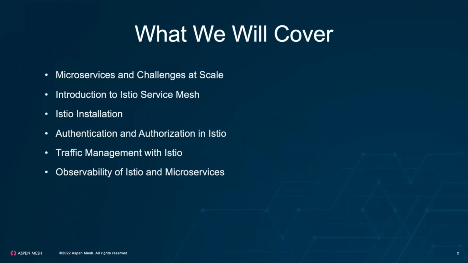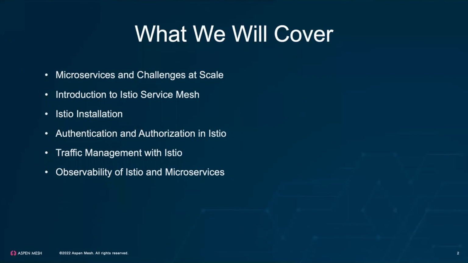So what we're going to talk about today is really what microservices are and how they've come about. I'm sure everybody's heard the term, but what they really are and the challenges that they can present to customers at scale. Then I'll introduce Istio as a service mesh and what problems it's trying to solve with microservices.